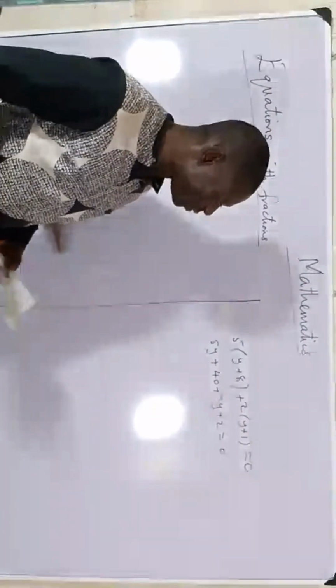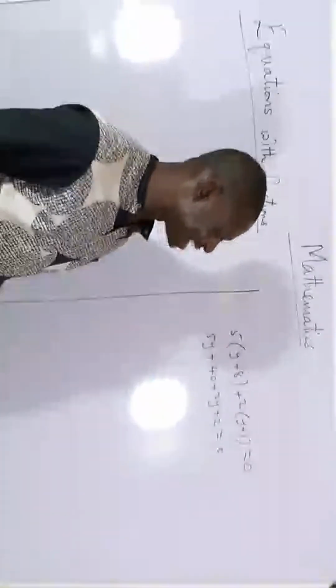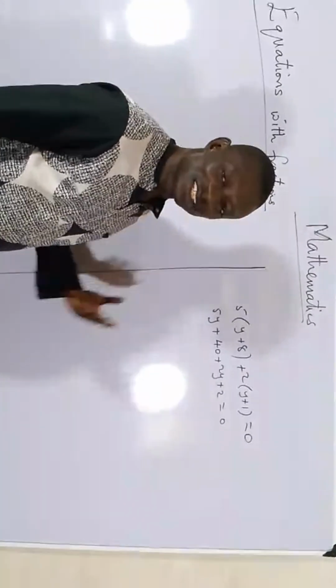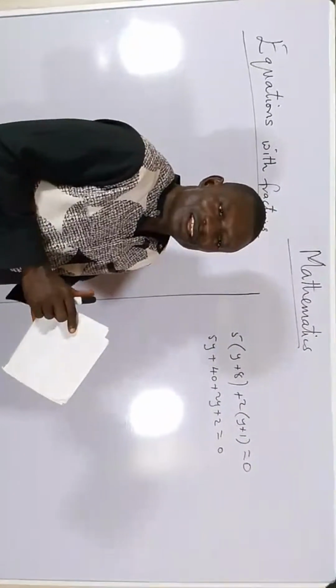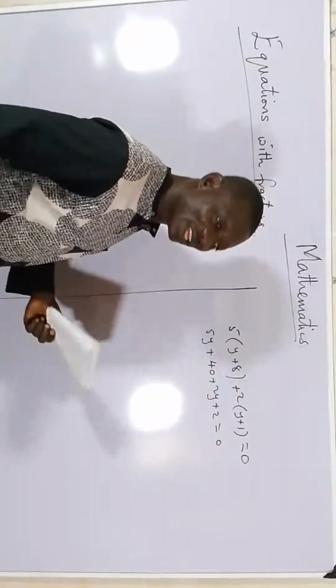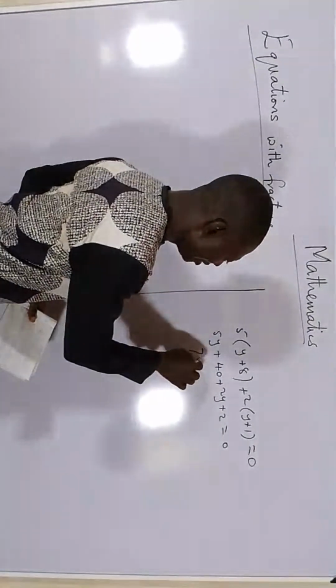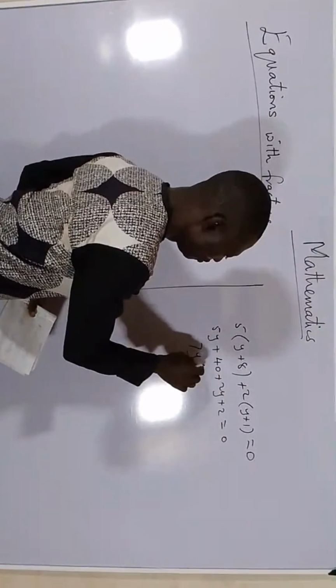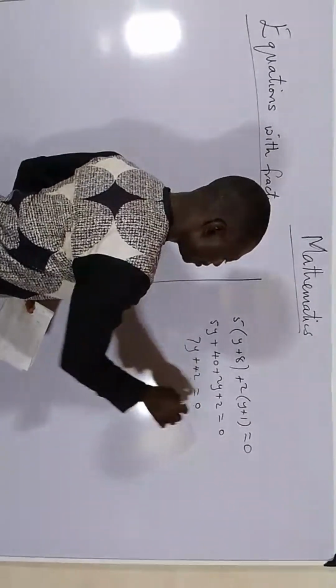And then we can see that all the numbers except 0 are on the left hand side. And so we have to collect the like terms within that left hand side. So 5y plus 2y will give us 7y. 40 plus 2 will give you plus 42 is equal to 0.